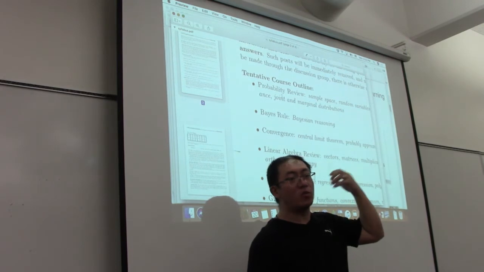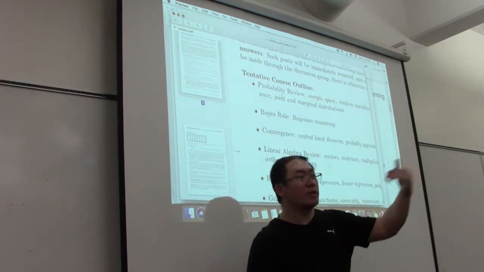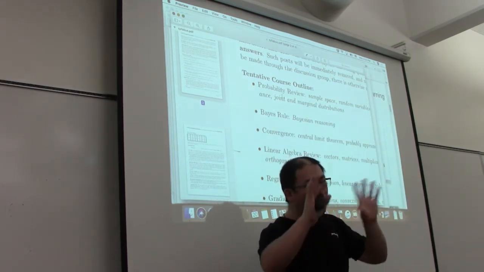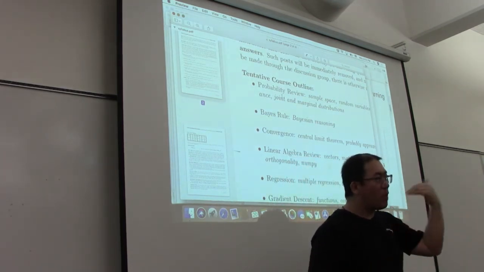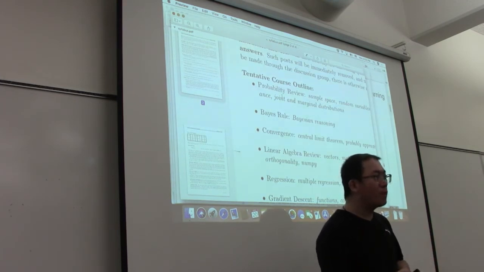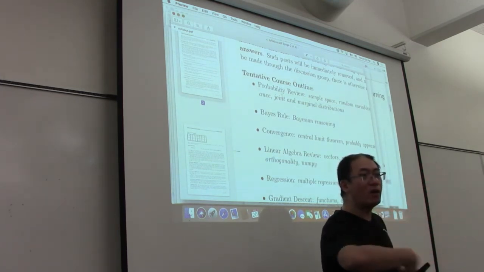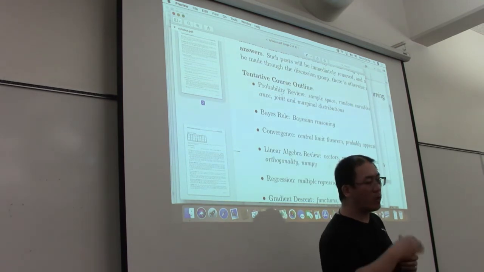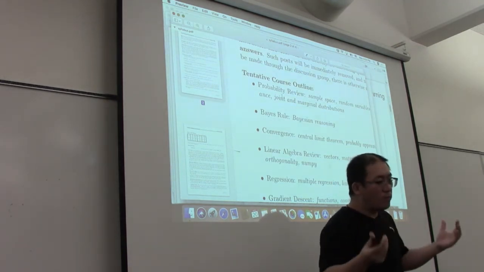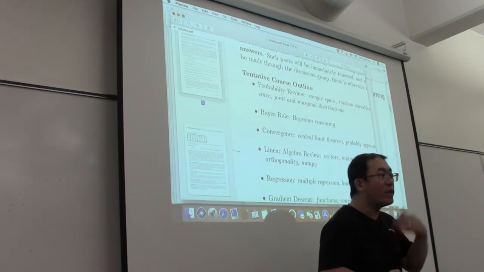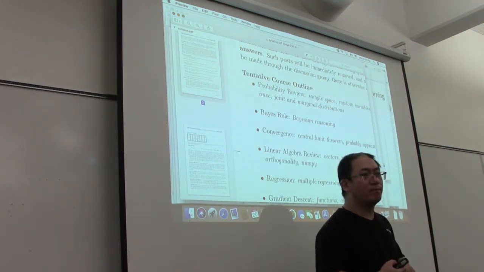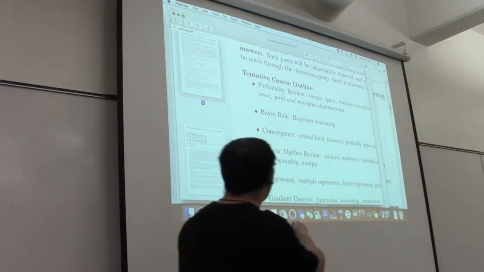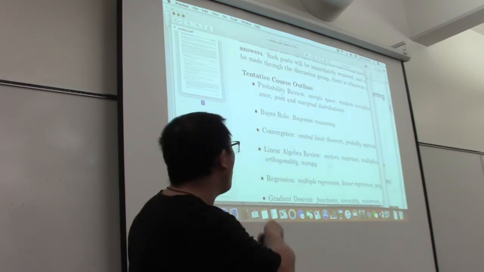That's why Bayes rule is so important, because in artificial intelligence we're trying to build intelligent agents to learn from experience and expand their knowledge or capability when looking at more and more data, when doing more and more tasks. How can we perform this kind of training or learning process in a rigorous mathematical way? Bayes rule provides the framework. So that's why we'll talk about Bayes rule and Bayesian reasoning.